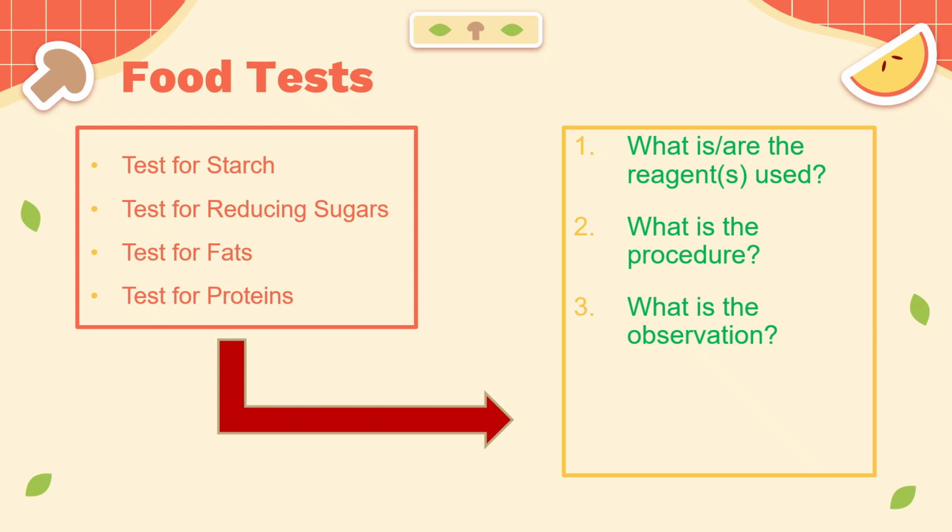If I see this coloration, what does it mean? If I see another coloration, what does it mean? So you must link the observation to the conclusion, which is of course for the presence and absence of the nutrient. So these are the 4 major questions that you need to know, regardless whether you are doing it as a practical or in theory.